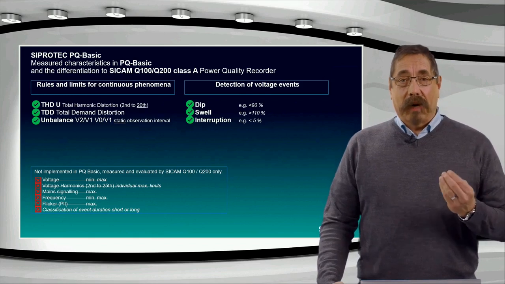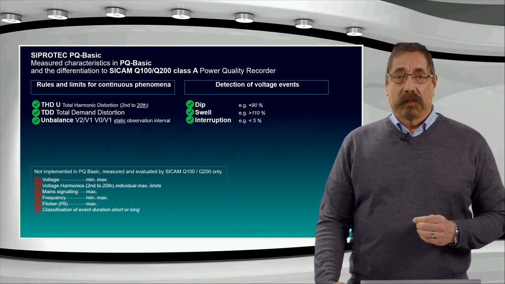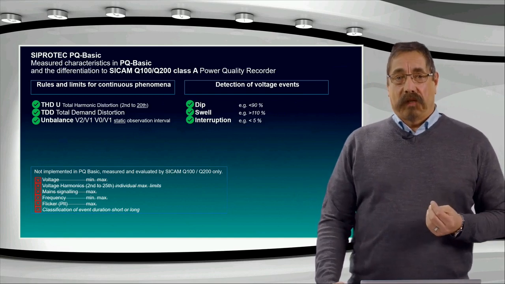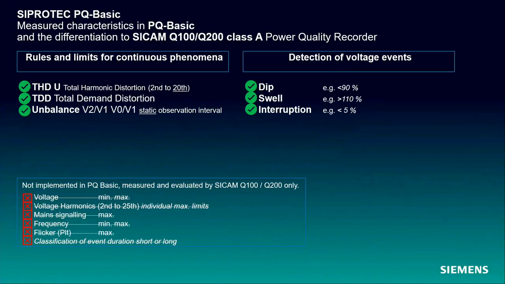So voltage min and max, the individual limits for the 25 voltage harmonics, the mains signaling, the frequency min and max limit, the long-term flicker Plt, and for each event a classification for short and long, depending on the event duration. These characteristics, measurement and evaluation are fully implemented in the products SICAM Q100 and SICAM Q200, our so-called power quality recorder with Class A accuracy of 0.1%.